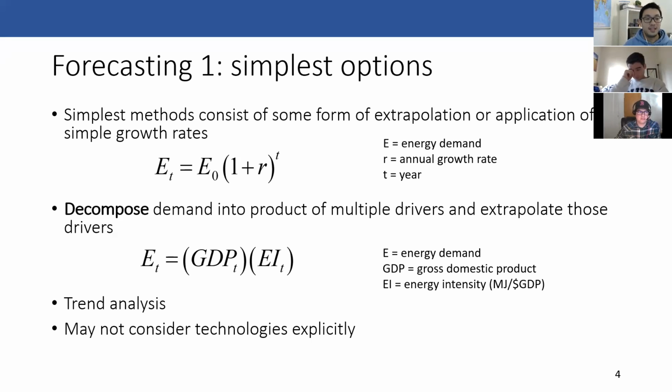And so this doesn't really care about any of the explanatory factors that are going into changes in energy demand. It's just looking at the trends, figuring out a growth rate, and then projecting outwards from there. And so this is useful really for doing baselines and thinking about trends that continue from the past.